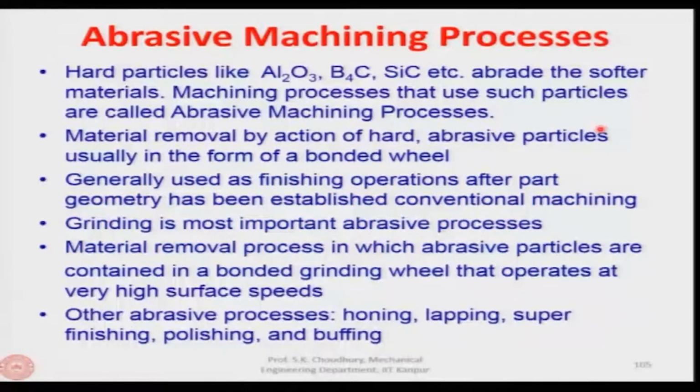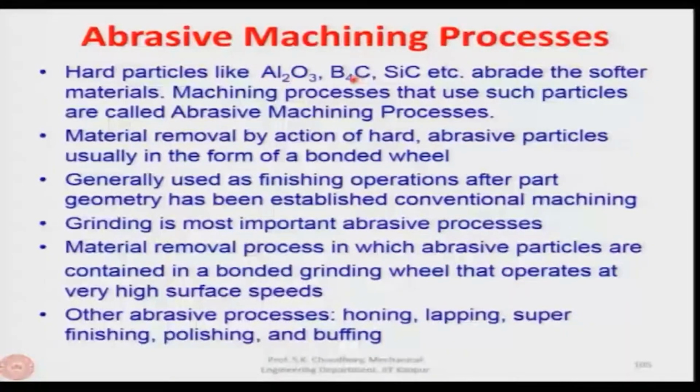Now, our idea will be to also discuss the abrasive machining processes, because these differ from single point cutting tools or multi point cutting tools like drilling or milling, in the way that here we have a lot of single point tools, and each grain is supposed to be a tool.